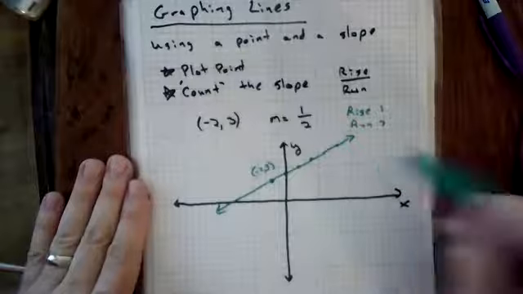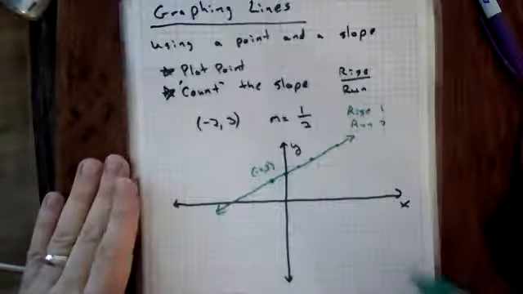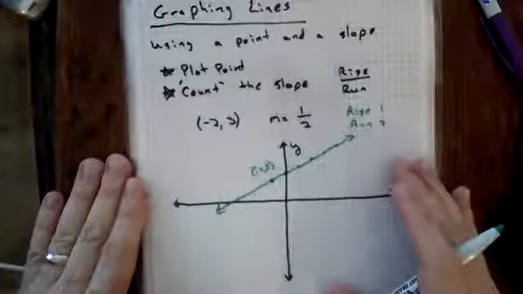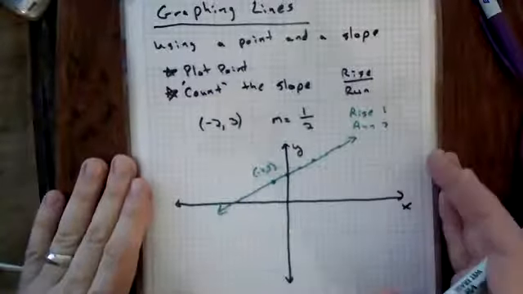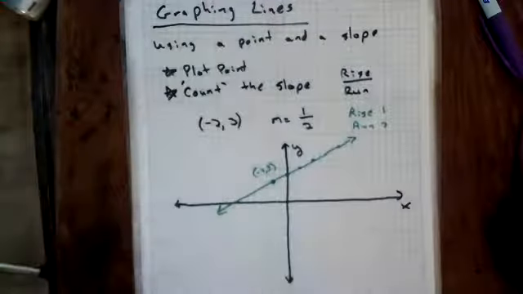The nice thing with this is there is very little calculation. It is literally just counting, which is the awesome thing with most graphing: it can be this simple, especially when you're dealing with lines.